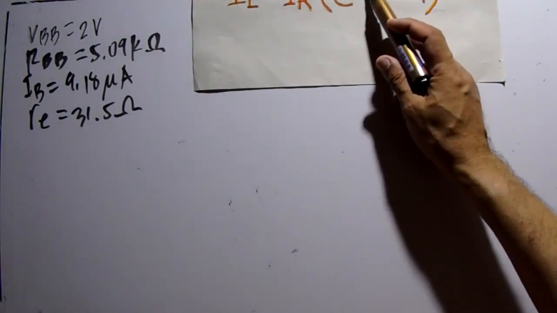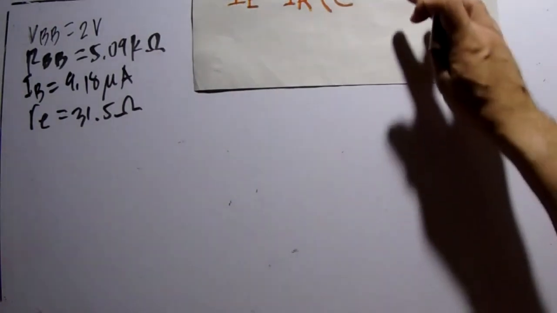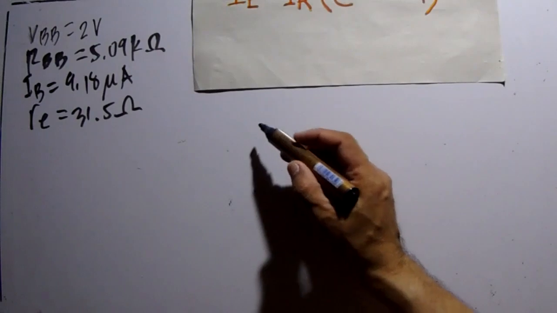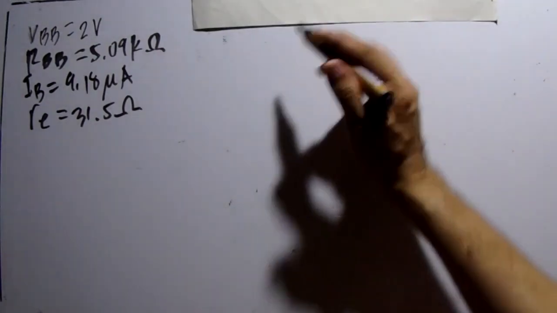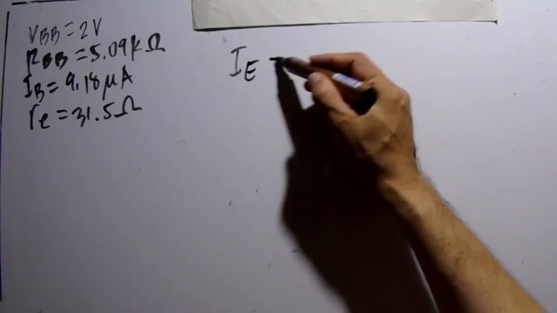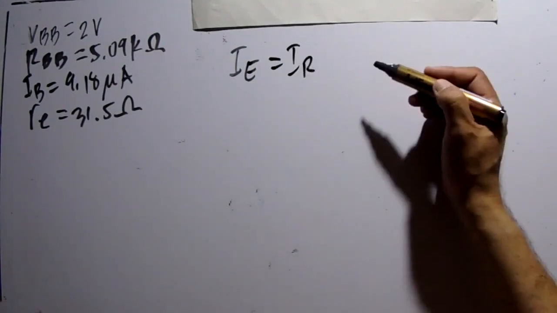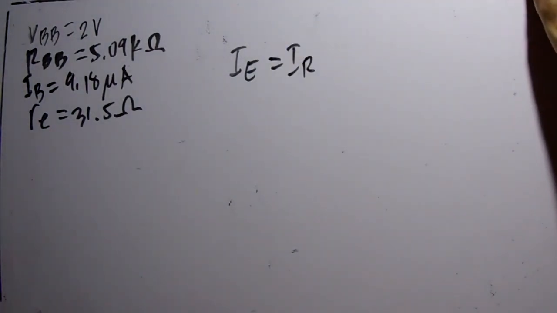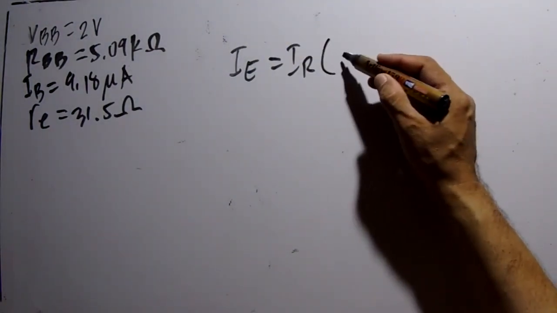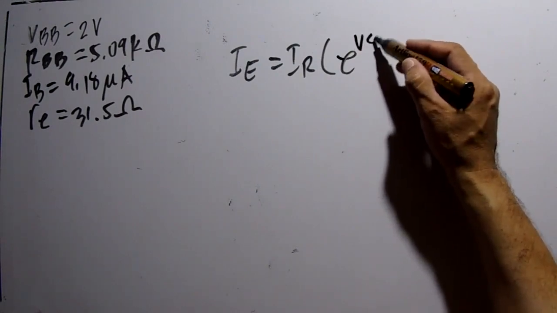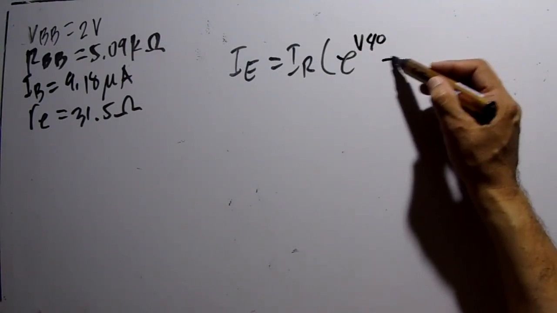And if we substitute the value q over kT to be approximately equal to 40, we can have our equation for IE to be equal to IR times e raised to 40V minus 1.